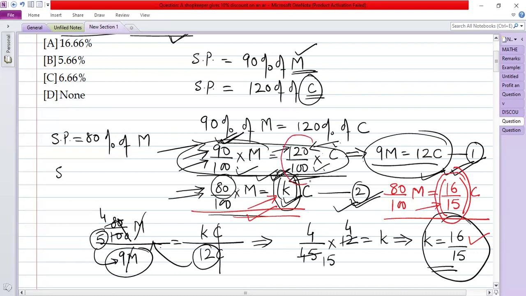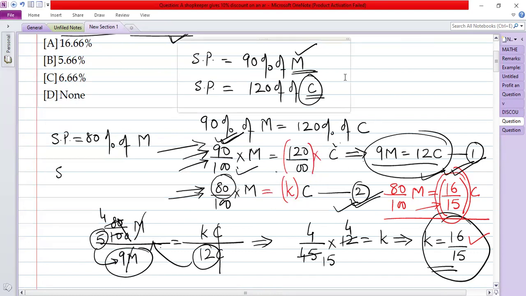First, we have to understand the meaning of this 120 by 100. So we got the value of K, that is 16 by 15. Now this K corresponds to this 120 by 100. What was the meaning of this 120 by 100?